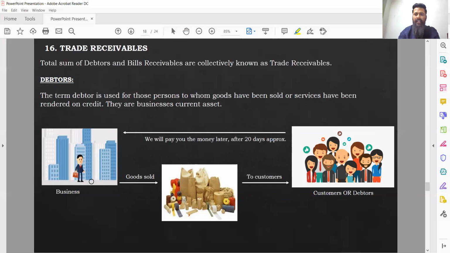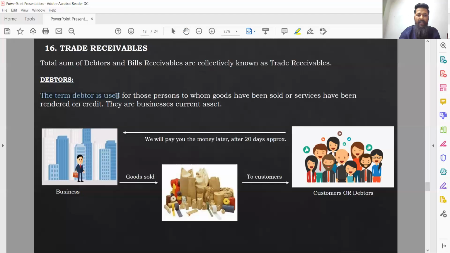It falls under the category of intangible assets. So business would be selling goods on credit to those customers who have goodwill in the market, who are old customers, who are regular customers, who are personally known to the business. Only then can the business give the goods in good faith to the customers.